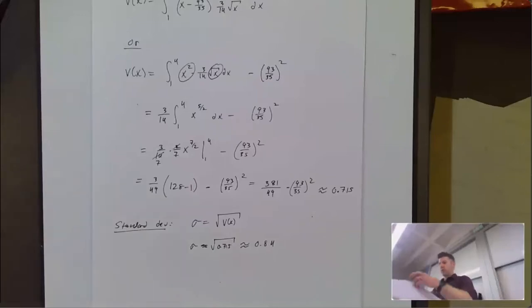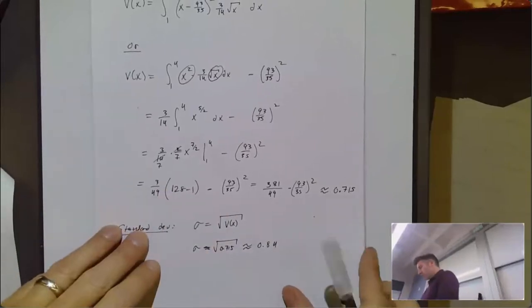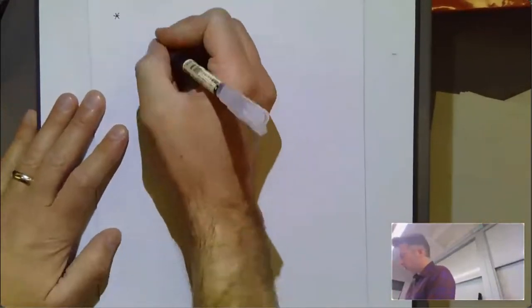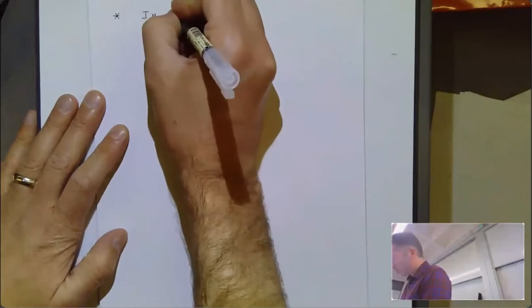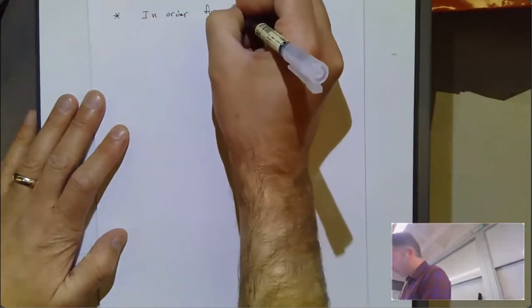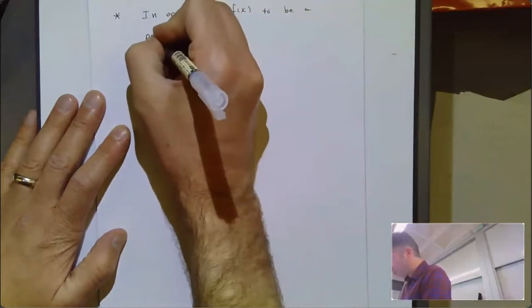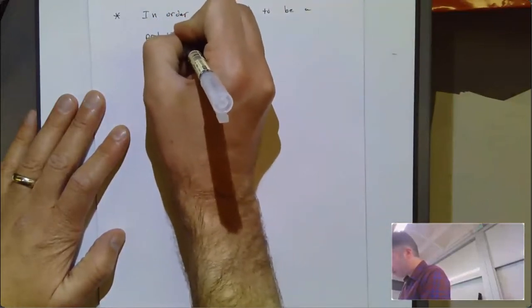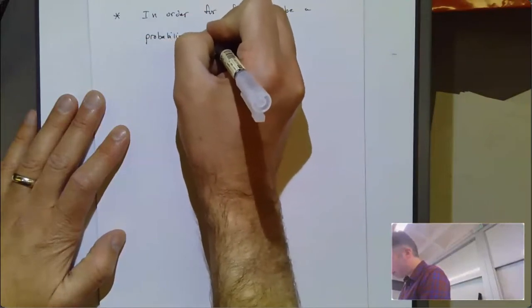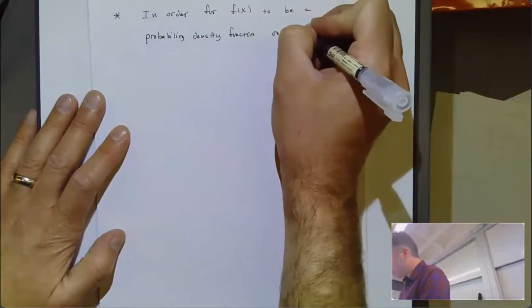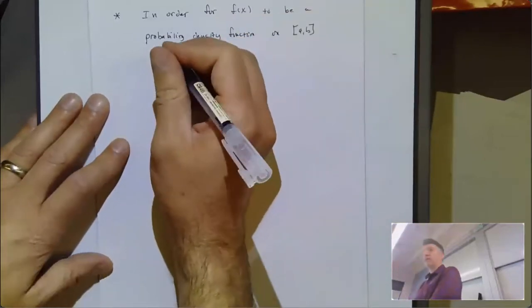More examples. Oh yeah, we got that. So, as we were saying before, two things. In order for f of x to be a probability density function on the interval from a to b, two things have to be true.